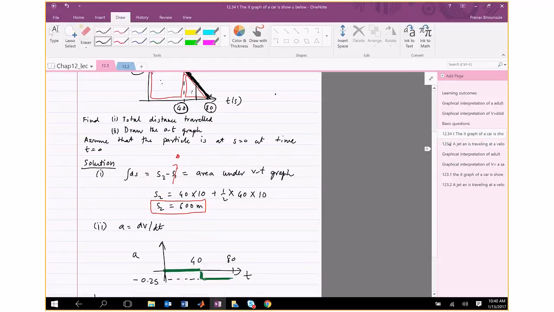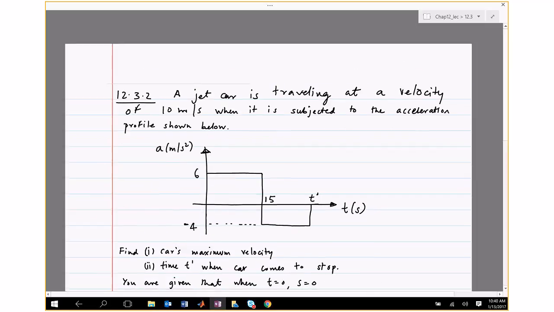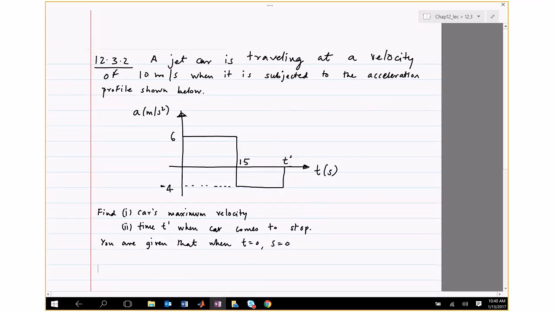Okay, so this is the last question, and I'll let you go. A jet car is traveling at a velocity of 10 meters per second. After that point, it is subjected to an acceleration profile which looks like this plot.